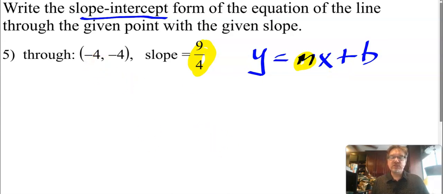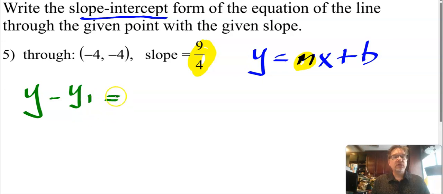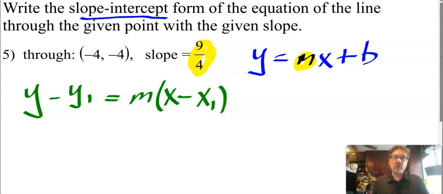So instead of using slope-intercept form, I'm going to use point-slope form. Y minus y1 equals m times x minus x1. So we're going to use this form where we have our slope, the x value from my point, and the y value from my point.